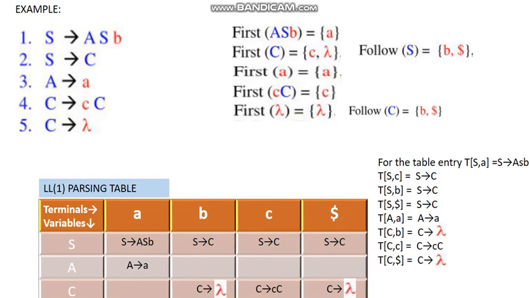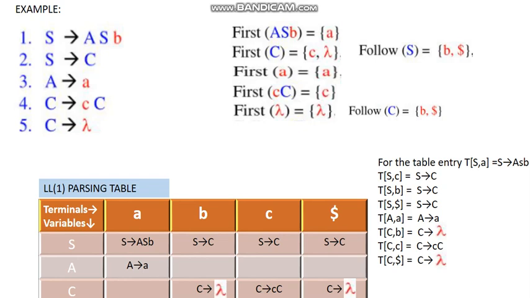If this is the case, then make an entry into the parsing table with the production number 1 corresponding to the cell capital letter S and an element in first of ASB, which is small letter a. So capital letter S and small letter a, that is for the table entry T of S comma a, you need to enter the first production, which is S giving ASB.